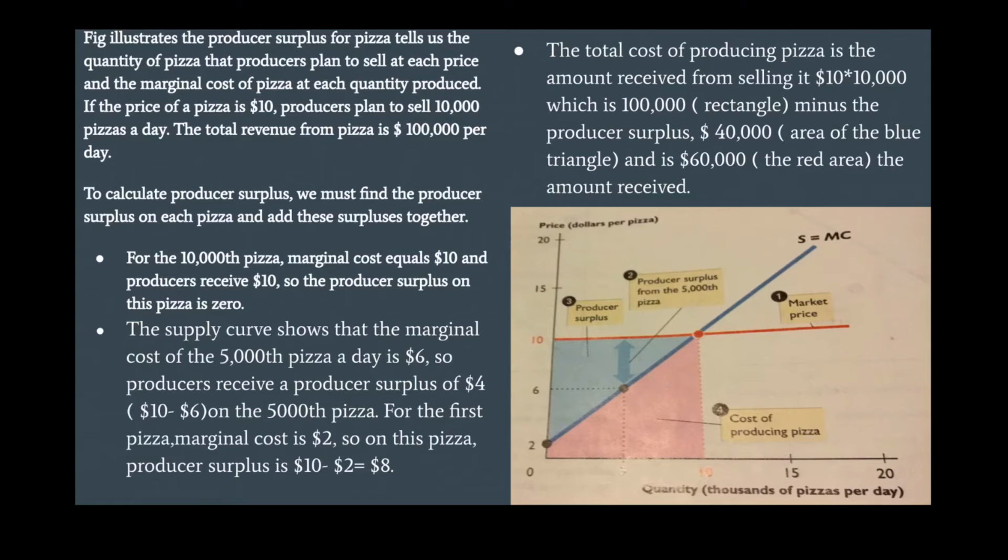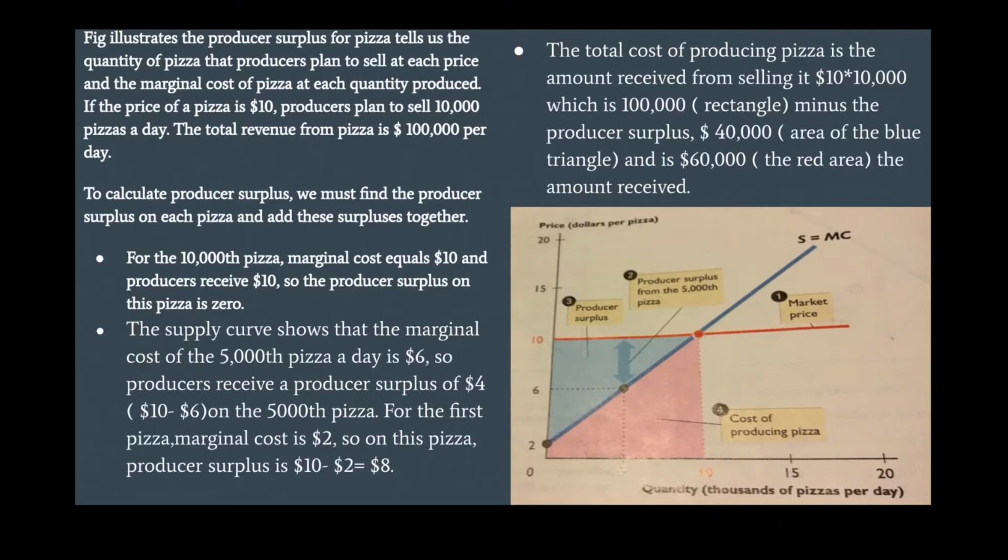To calculate producer surplus, we must find the producer surplus on each pizza and add these surpluses together. In the figure, for the 10,000th pizza, the marginal cost equals $10 and producers receive $10. So the producer surplus on this pizza is 0. The supply curve shows the marginal cost of the 5,000th pizza a day is $6.